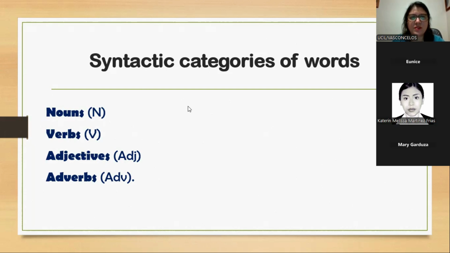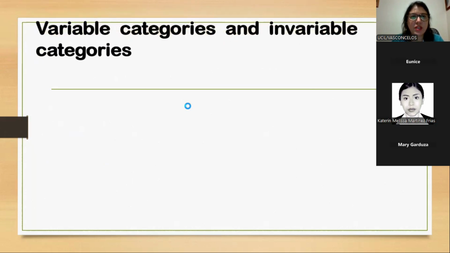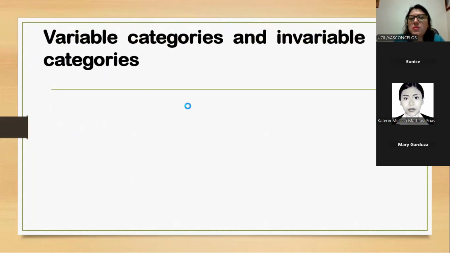Adverbs are words that help us to modify something, like patiently or quickly or eventually and so on. Okay, well, now we have here variable categories and invariable categories.